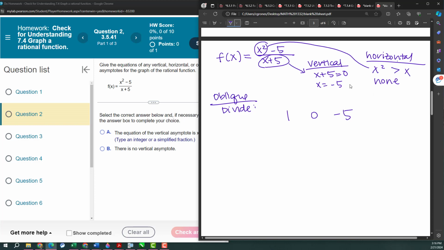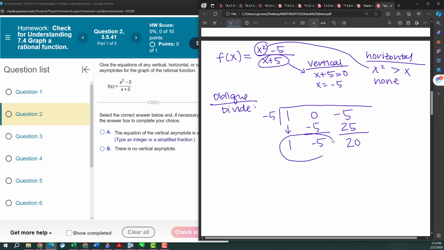And I'm going to use negative 5 to divide. So 1 is coming down. 1 times negative 5 is negative 5 plus 0 just gives us negative 5. Negative 5 times negative 5 is going to give a positive 25. Minus 5 gives us a positive 20.